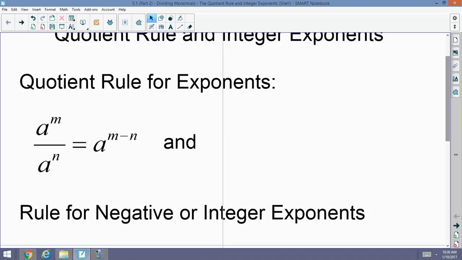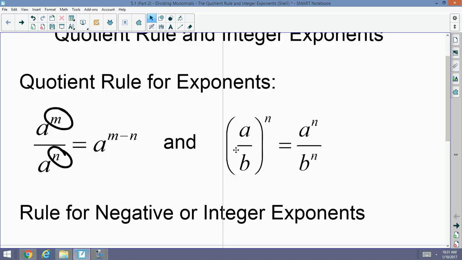In other words, when you're dividing the same bases, keep the base and subtract the exponents. But please remember that it's the numerator exponent m minus the denominator exponent n. Please do not switch it around. Please do not do n minus m. Do the numerator's exponent minus the denominator's exponent.